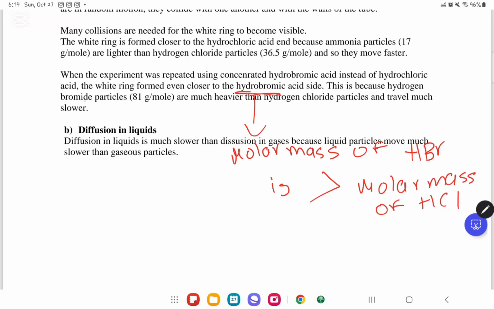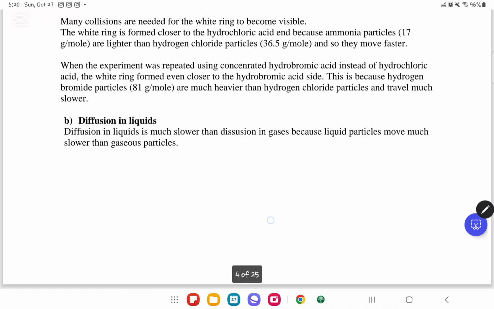This is because hydrogen bromide is 81 grams per mole, which is way more than 36.5 grams per mole. So they are definitely heavier than hydrogen chloride particles and travel much slower.